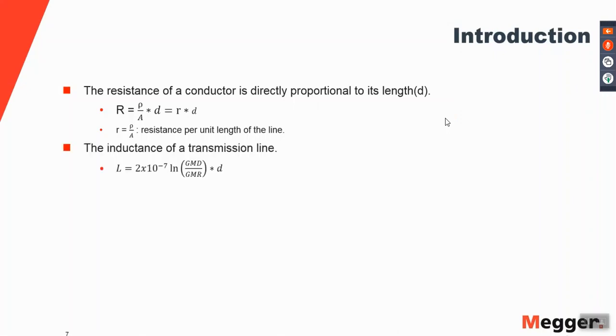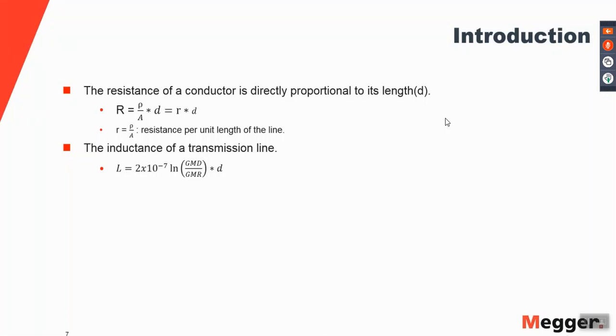With the inductance, in the case of a transmission line, we can devise a similar equation in which the inductance is a factor of the geometry of the system and also the distance along the line. So the longer the line, the larger the inductance.